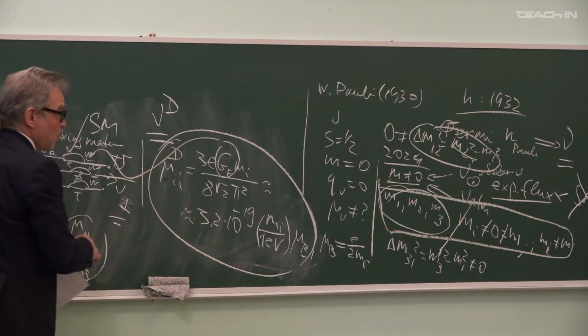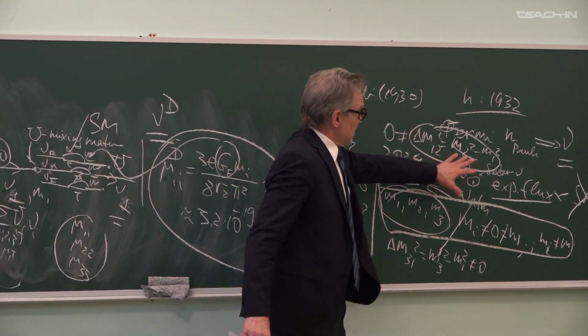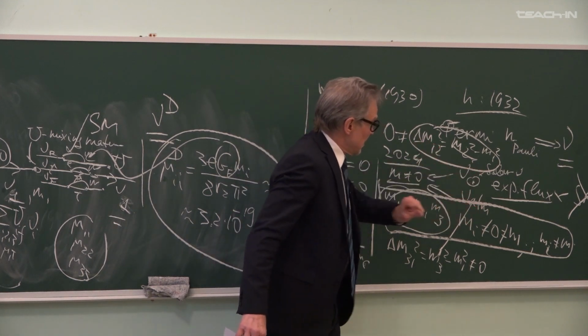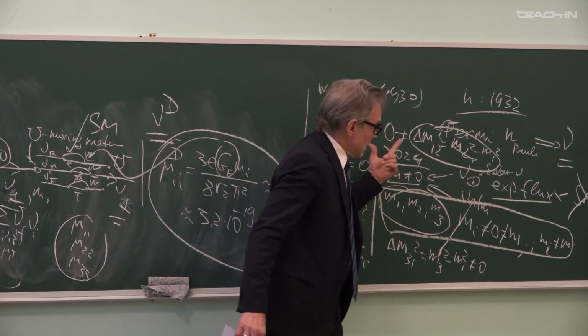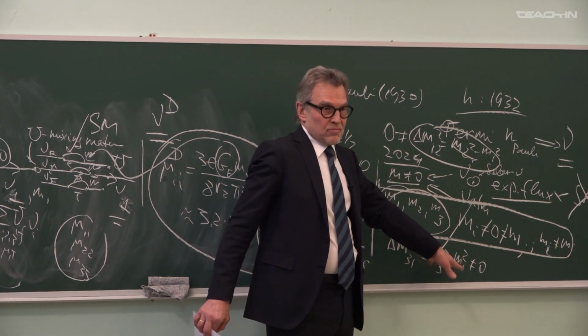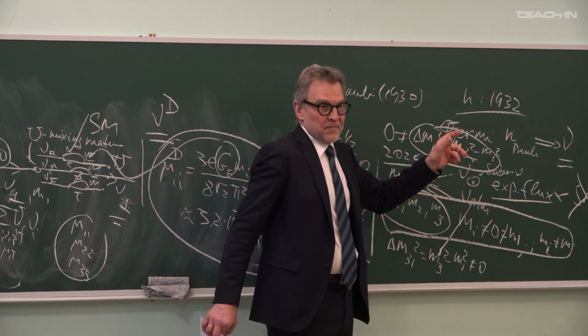And from what I have just told you, from experimental studies of the fluxes of the solar and atmospheric neutrinos, it follows that at least 2 masses are not 0. It's not possible that 2 masses are 0.